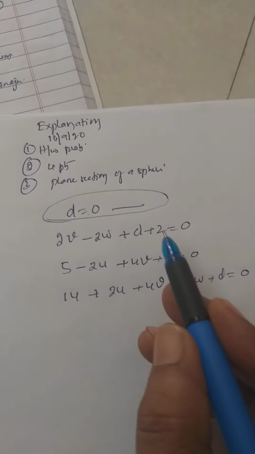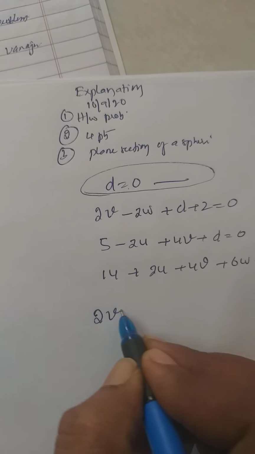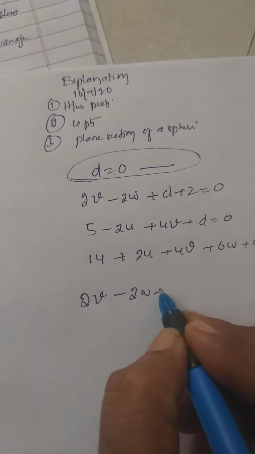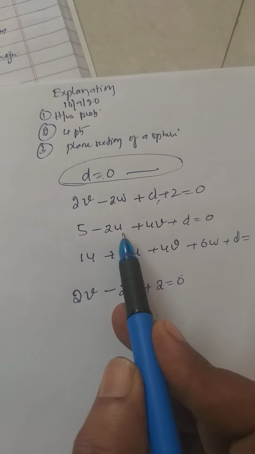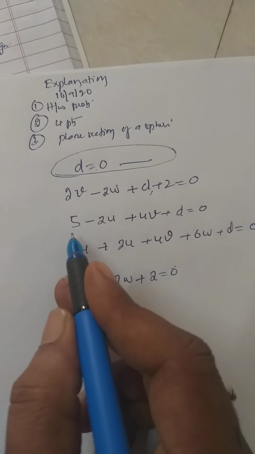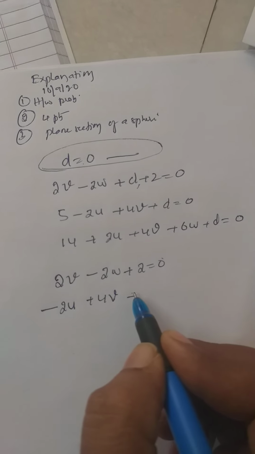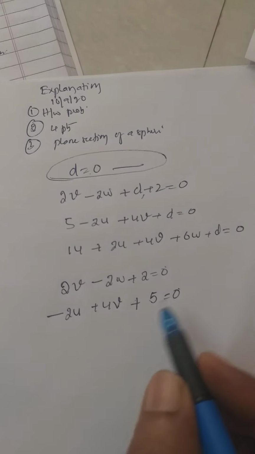Substitute d is equal to 0 in these equations. What will you get? The first equation becomes 2v minus 2w plus 2 is equal to 0, since the d value becomes 0. The second equation also: minus 2u plus 4v plus d value is 0, constant I am writing here, plus 5 is equal to 0.